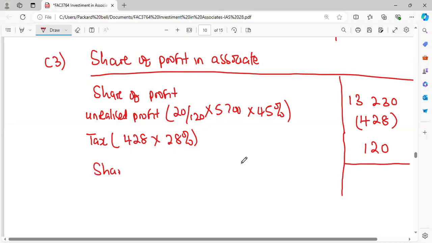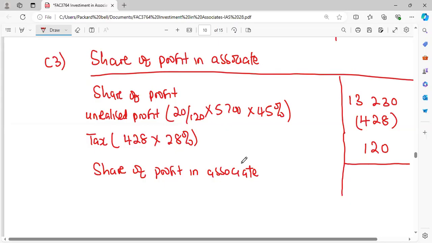Subtract. Is it going to be subtracted? Is it going to increase our profit or decrease our profit? It's going to increase our profit. So we don't subtract it.